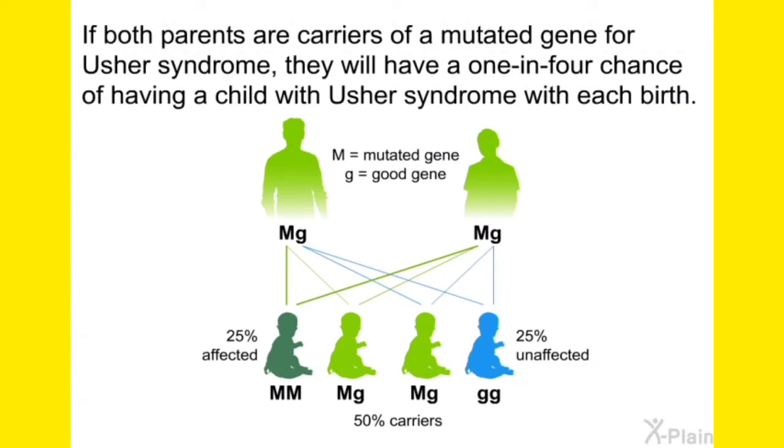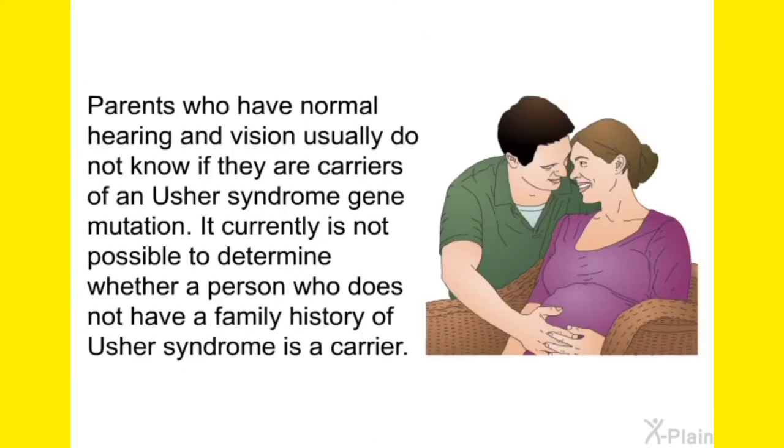Usher syndrome. So remember, if both the parents are carriers of a mutated gene for Usher syndrome, they will have a 1 in 4 chance of having a baby with Usher syndrome with each birth. Now, the parents may look normal, with normal hearing and normal vision.